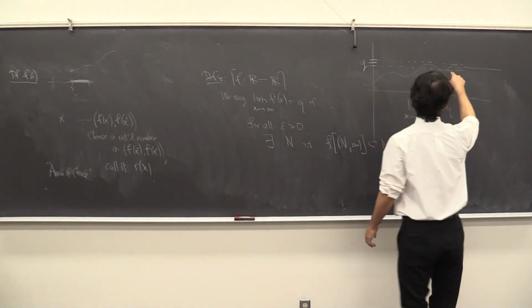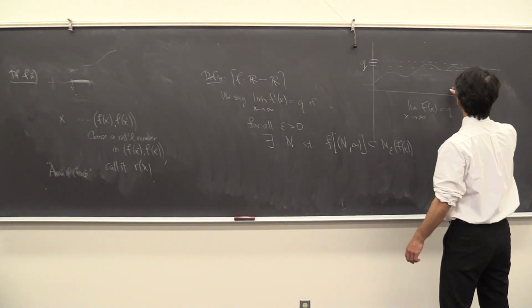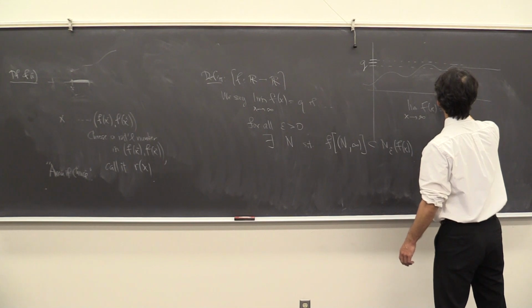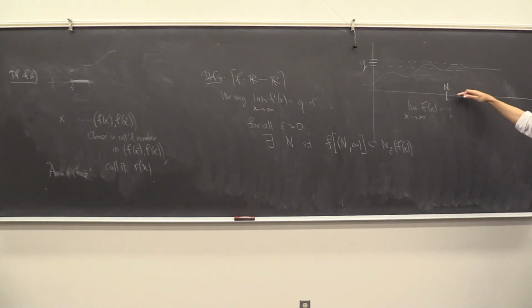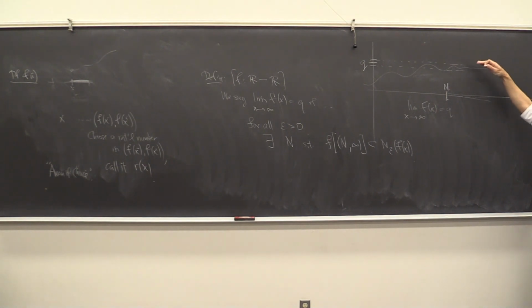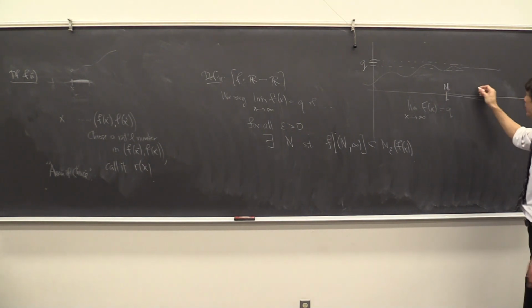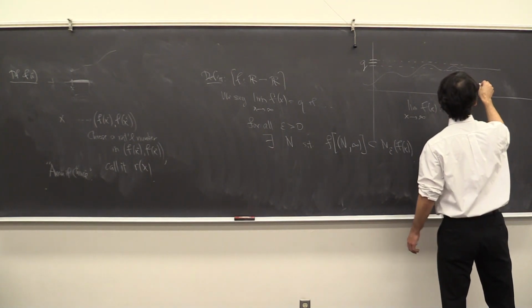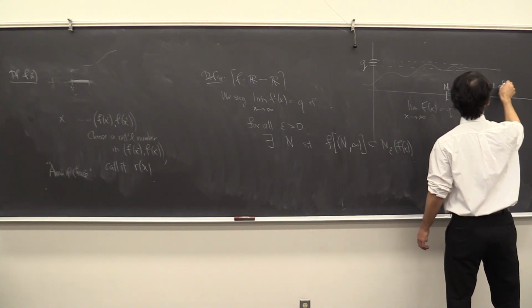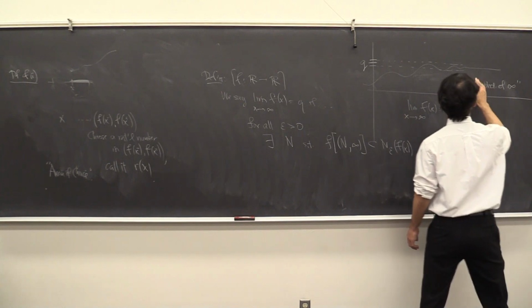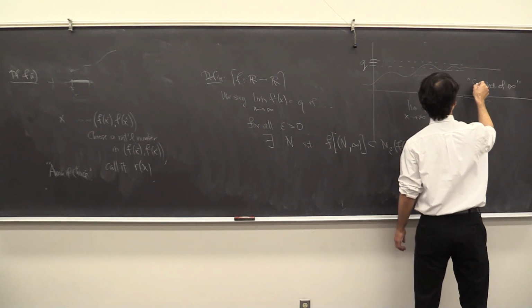In other words, there's going to be some point past which all the values are inside your epsilon neighborhood. So this thing here is your neighborhood of infinity, your delta neighborhood.